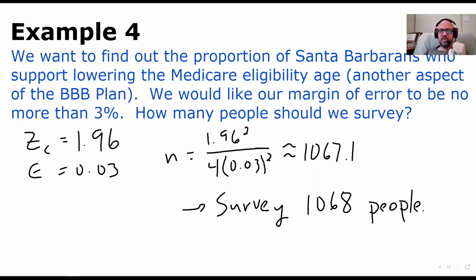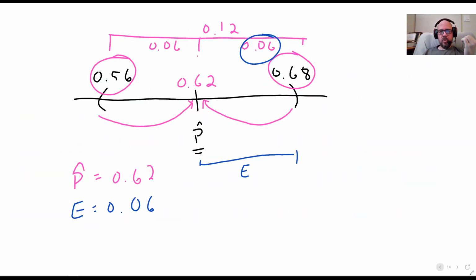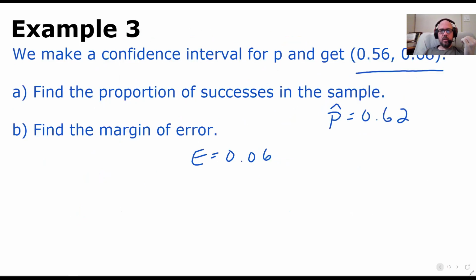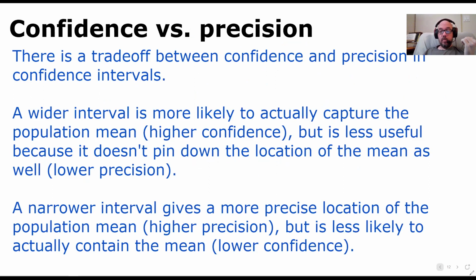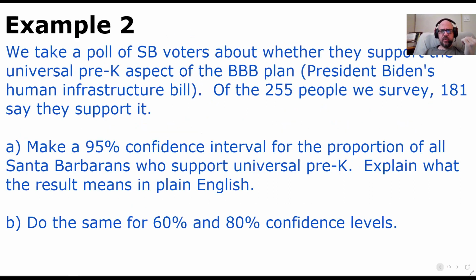Okay, that's sample size determination. There's so much more I can say about confidence intervals. I do want to say this. You have actually encountered many confidence intervals in your life, almost certainly, unless you are completely oblivious to the news.